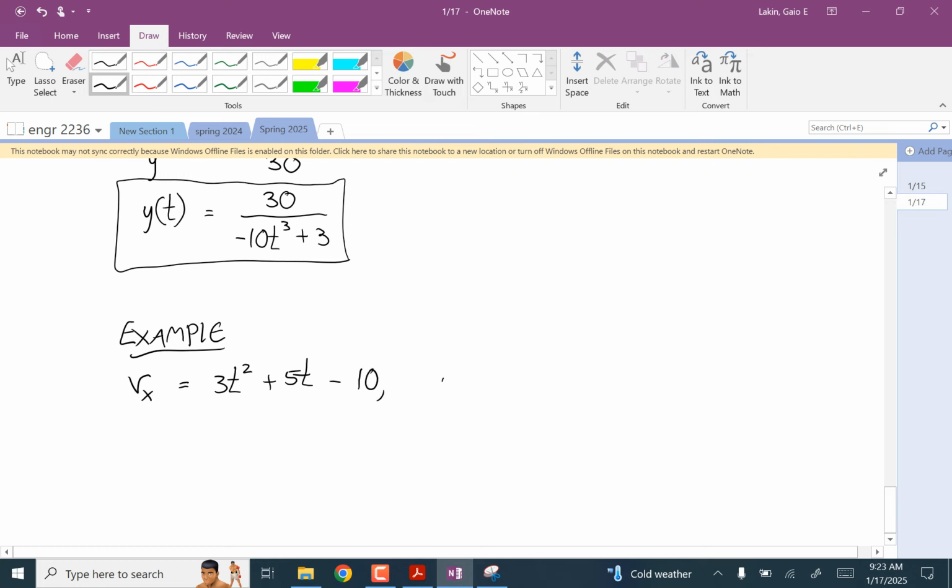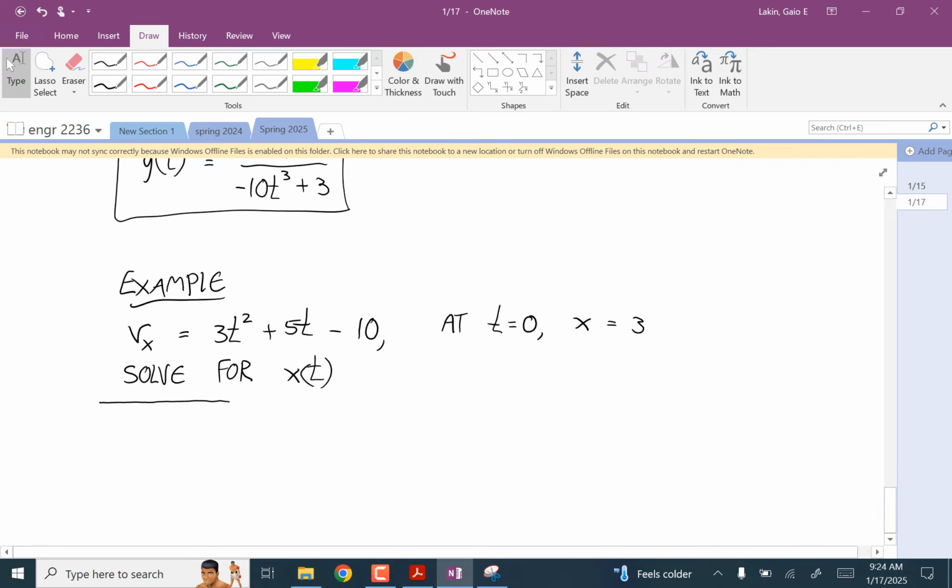And let's say we know that when time is equal to 0, maybe it is mostly in initial value problems, x is equal to 3. And what we want to do is solve for x as a function of time. Okay, we're trying to find the x component of the position as a function of time.